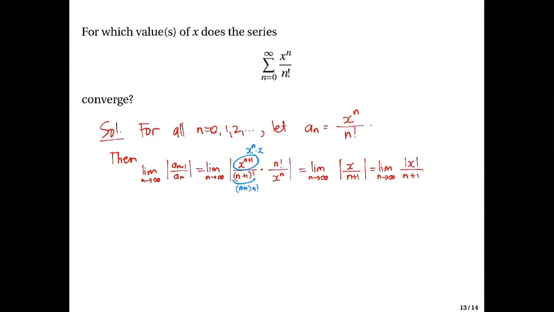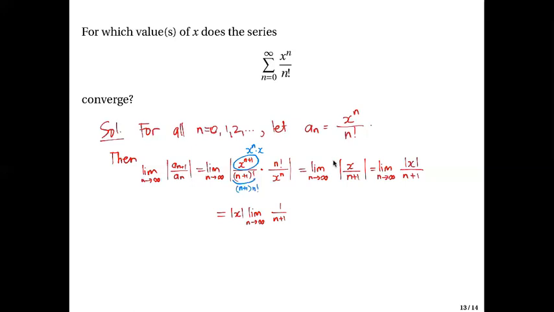So this will be equal to the absolute value of x times the limit as n approaches plus infinity of 1 over n plus 1.